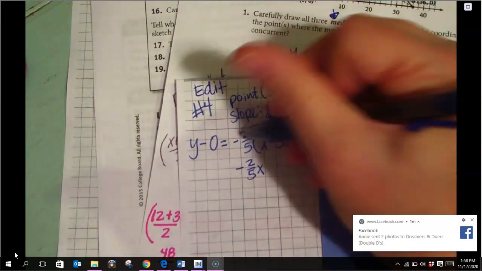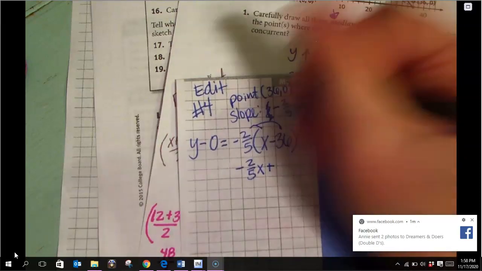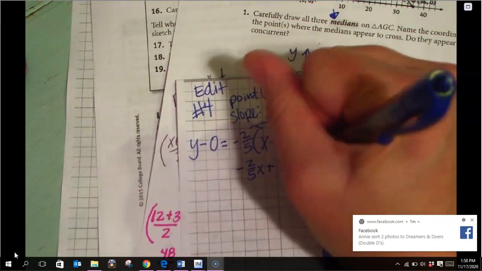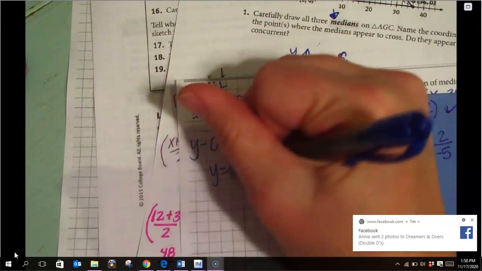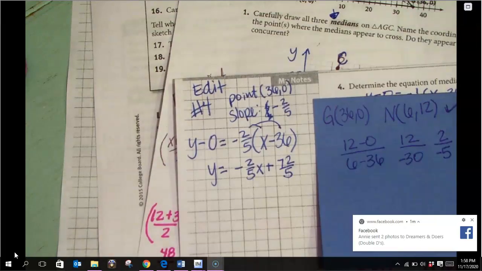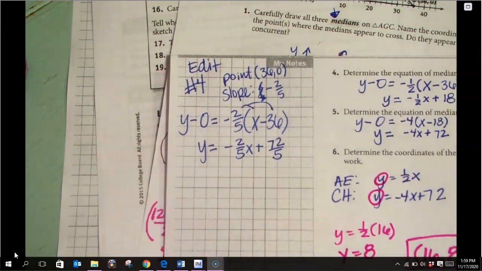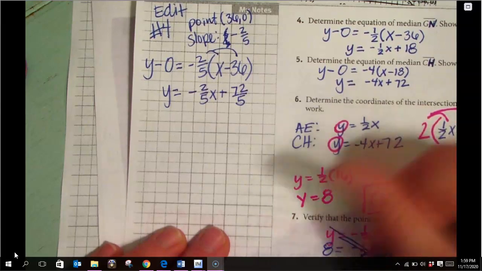And then we have a negative times a negative, which gives me a positive. And then 2 times 36 is 72 divided by 5, which is not going to divide evenly. And we're going to set that equal to y because a 0 does no good for us. So now that we have this correct, now we can redo number 7.